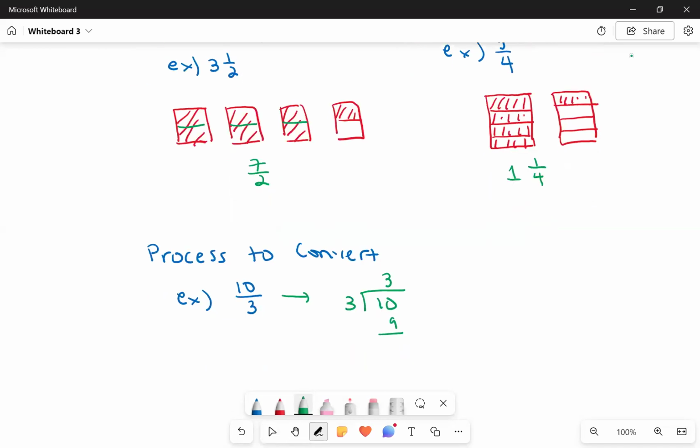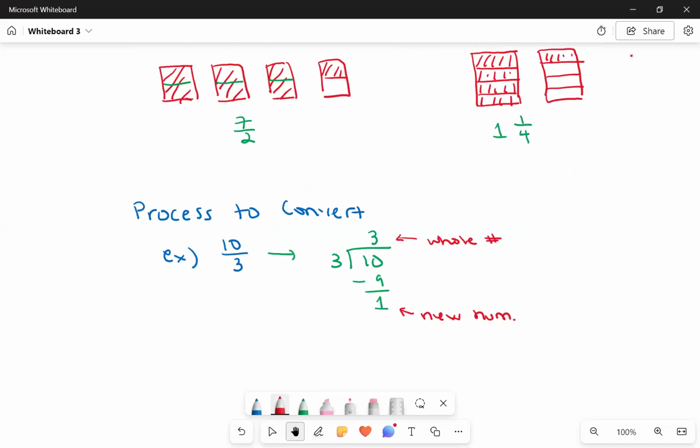And that's a 9 with a remainder of 1. Okay, so the number that's up at the top, that's my whole number. And then this is the new numerator. And I'm going to abbreviate numerator. Oh, and I use the number symbol for number. So the whole number here is 3 and then 1, and you'll use the same fraction denominator of thirds. So 3 1/3. That is the mixed number for 10/3.